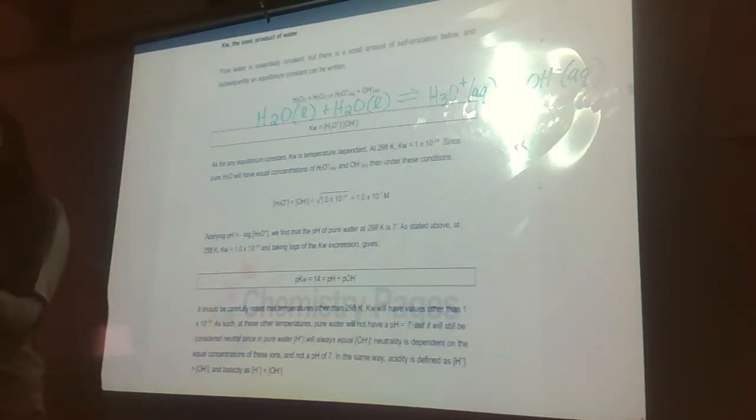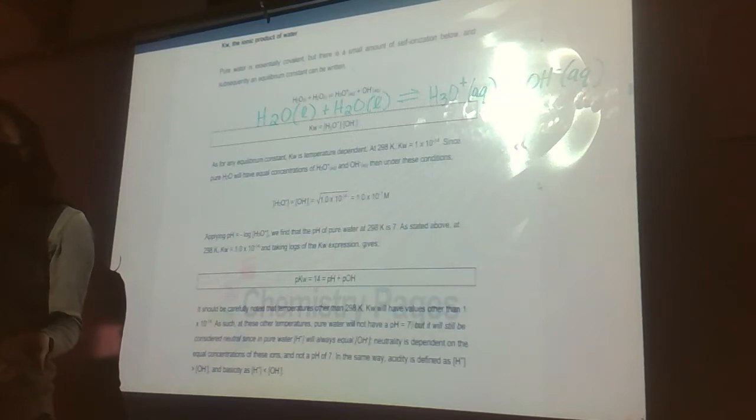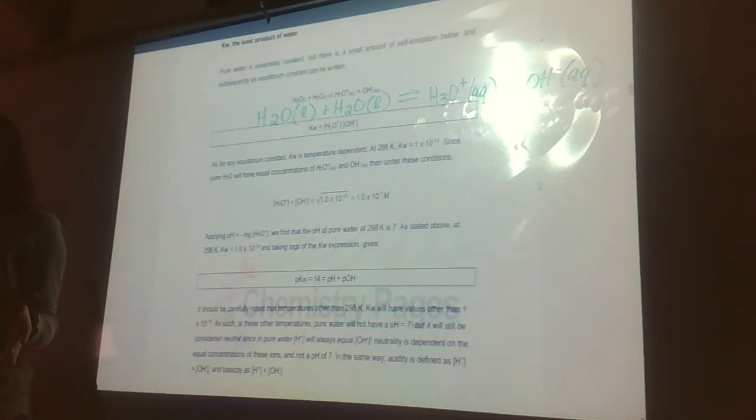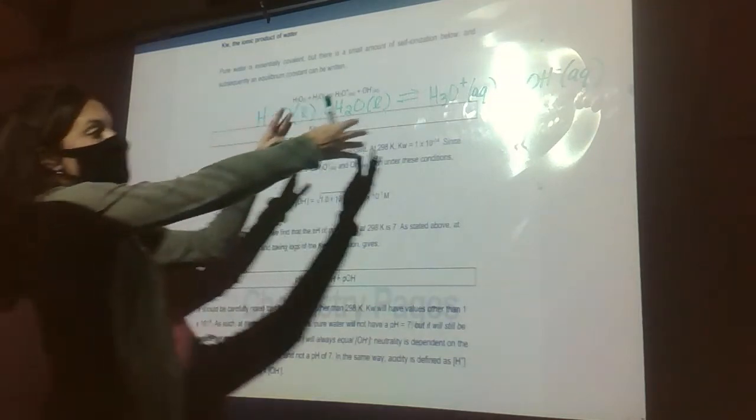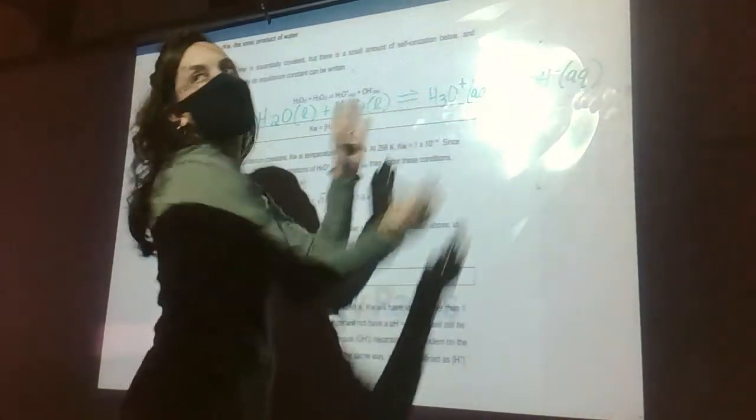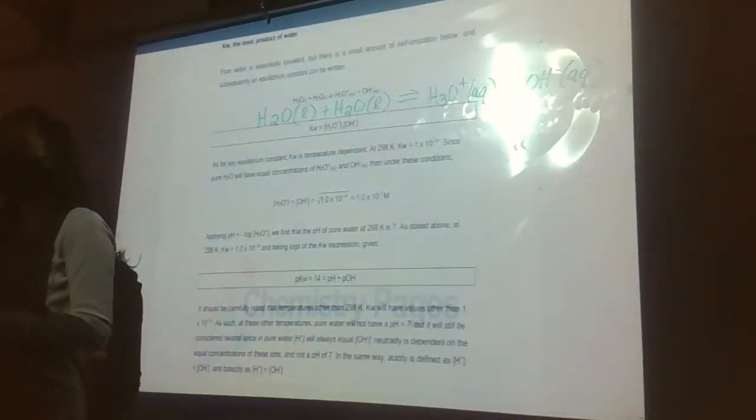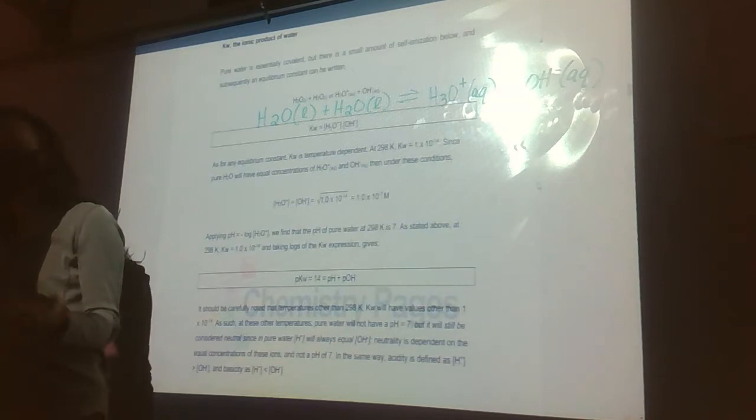We talked about that yesterday. It's amphoteric. It can behave as an acid and it can behave as a base, depending on who it's hanging out with. That's all because of this, because it has both ions present. It has the properties of acids and bases, depending on the reaction.